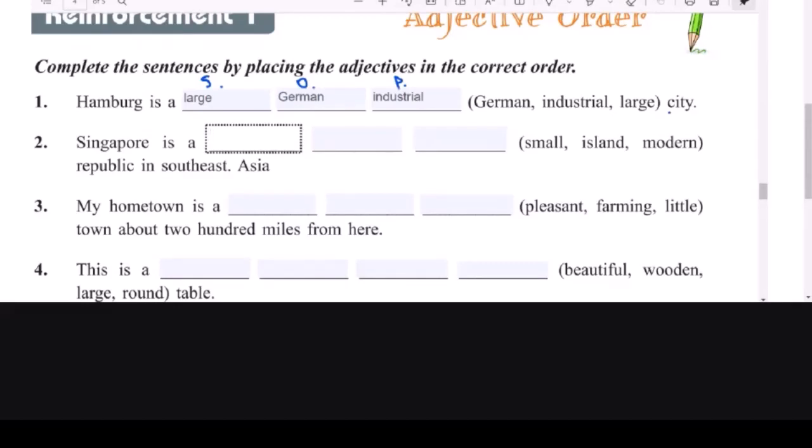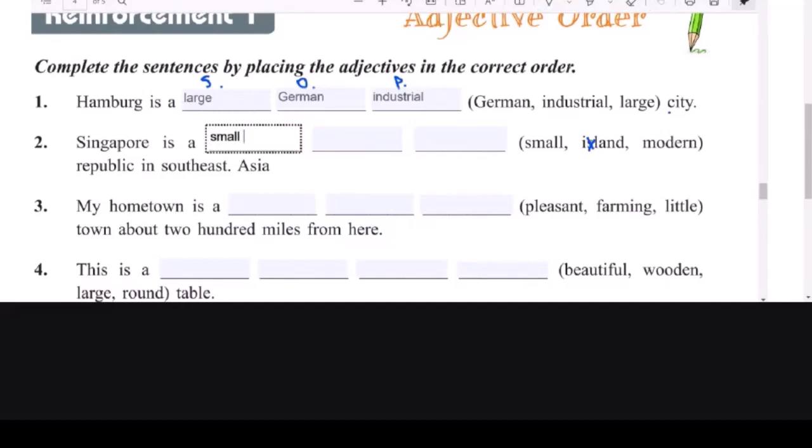And the pronunciation is island, right? There is no S in the pronunciation. Spelling, yes, the S, right? But the pronunciation is only island, right? It's for the spelling, yes, but for the pronunciation, island. Small, right? The size. Small, modern island.